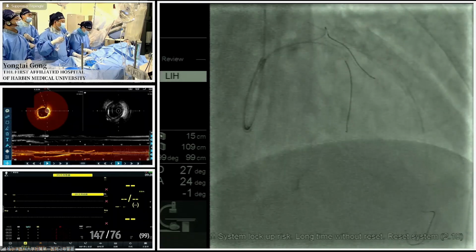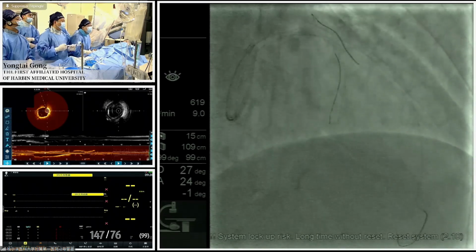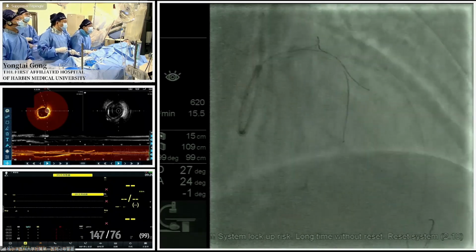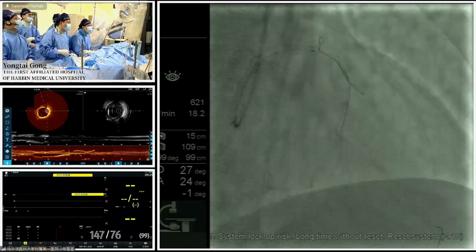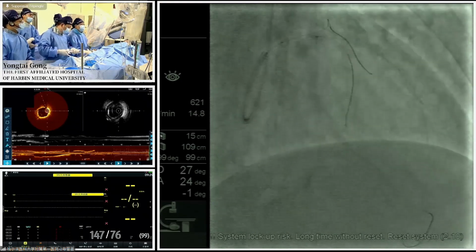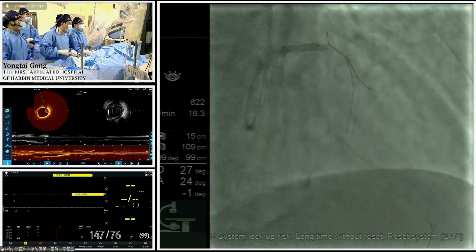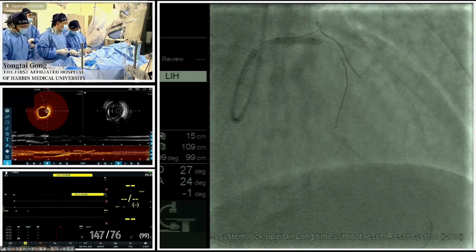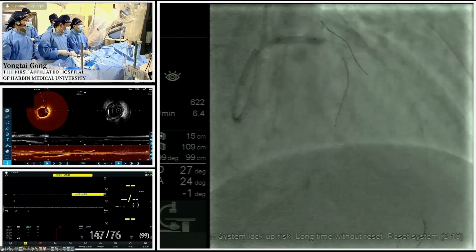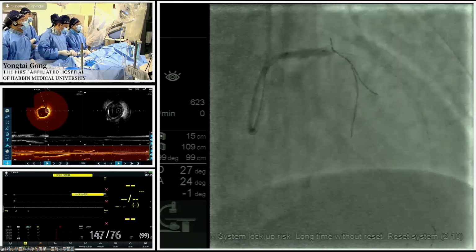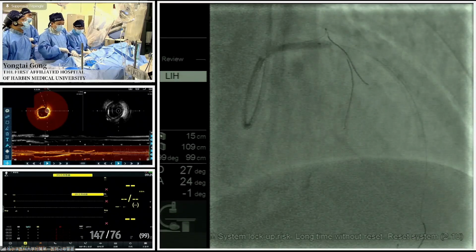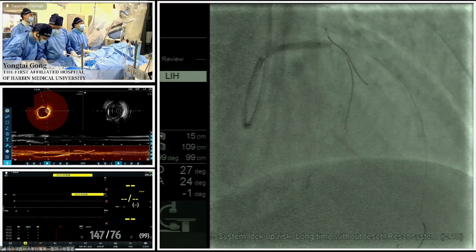With our experience, Professor Gong prefers to consider the inherent features of the different stent platforms, such as the number of crowns and cell area, and choose a stent which has the best expansibility to deploy from the proximal LAD to the left main.